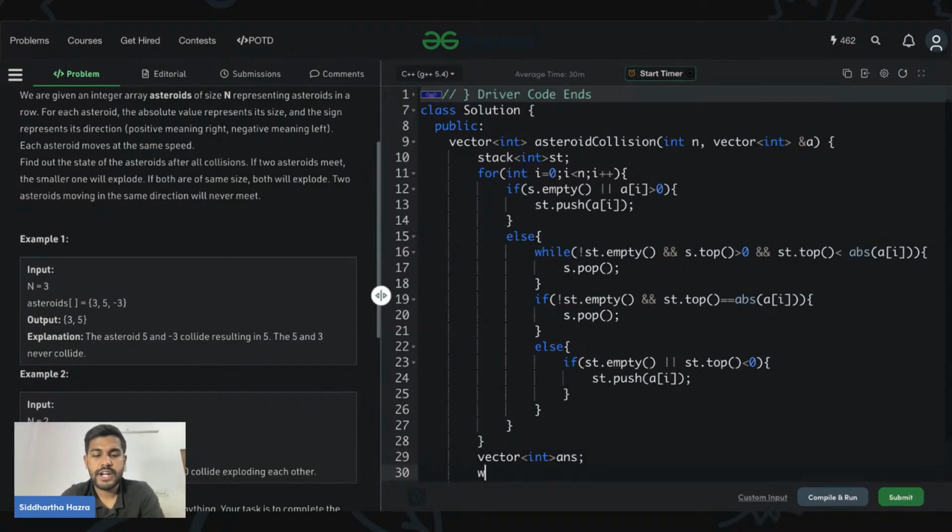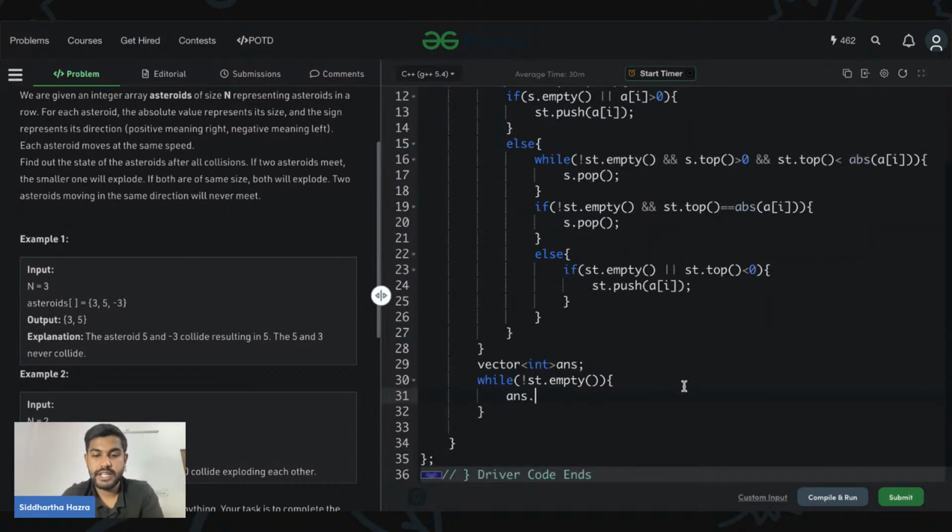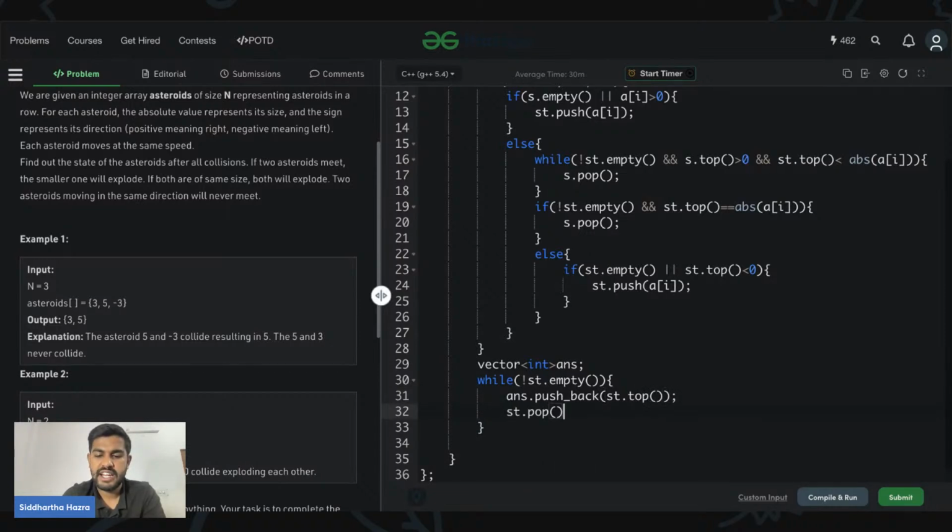While the stack is not empty, we would say answer.push_back of the stack top, and then remove it. At the end, we would just reverse answer, reverse(answer.begin(), answer.end()).